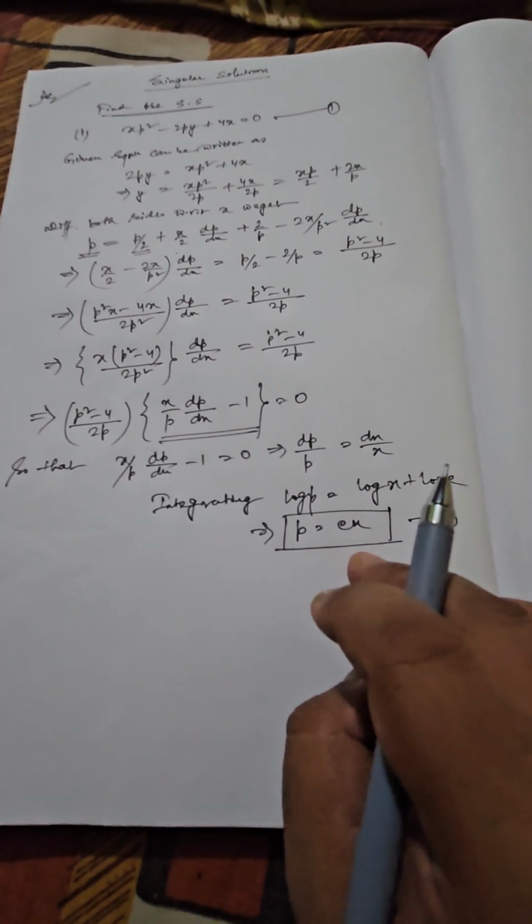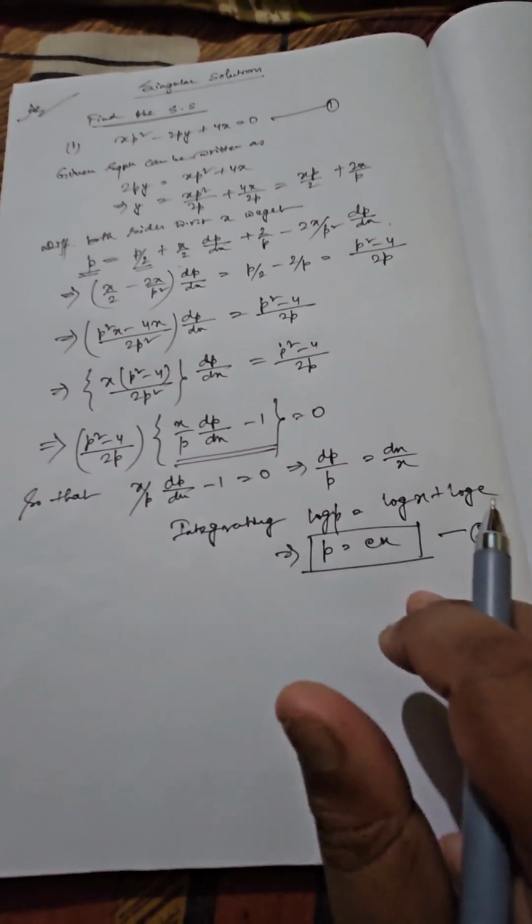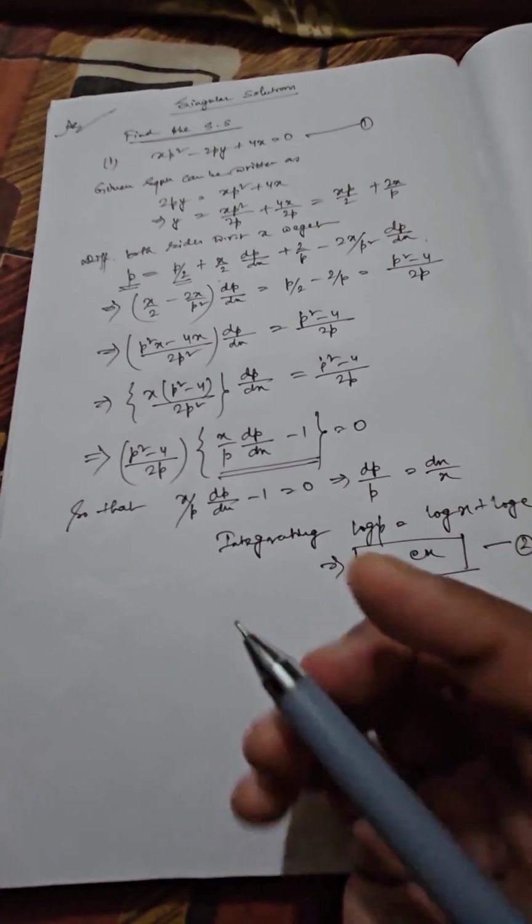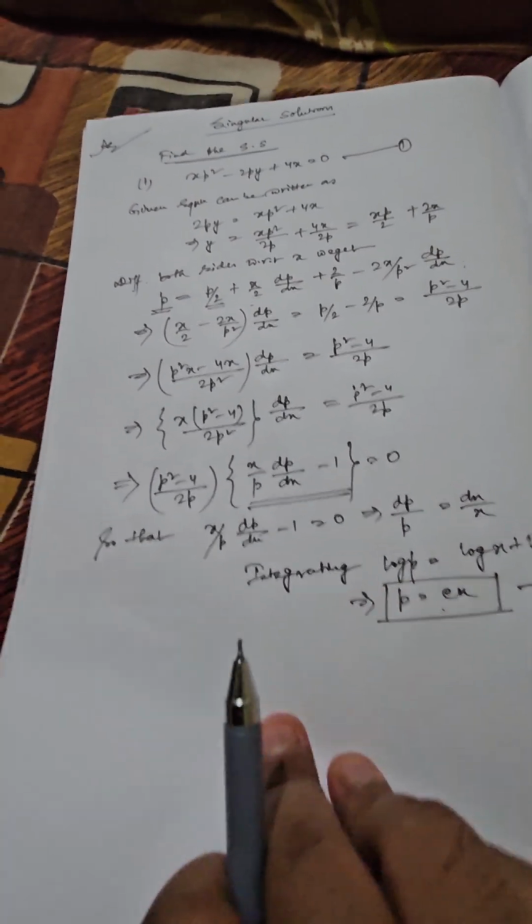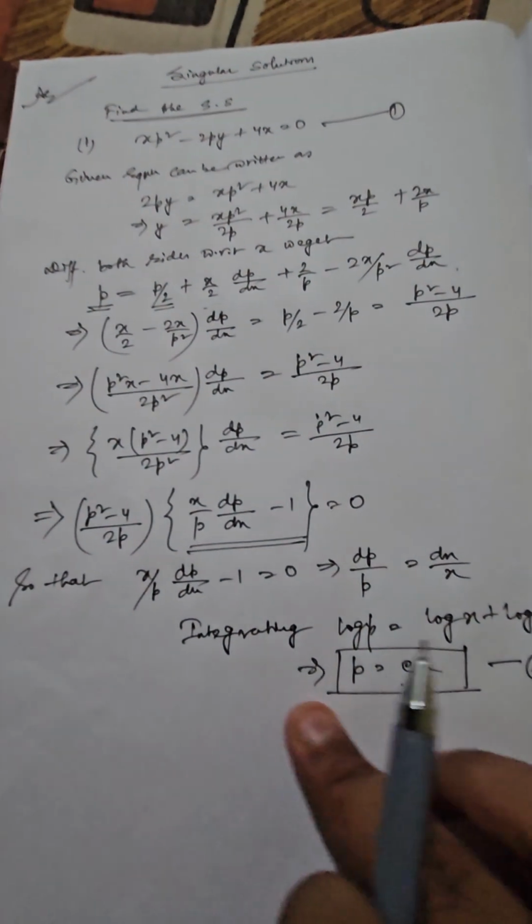Now what is our objective? We have to eliminate p from equations 1 and 2. So technically we can replace this value in this expression, that is p square can be taken as c square x square and so on.